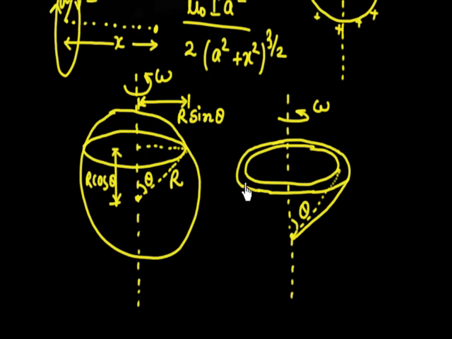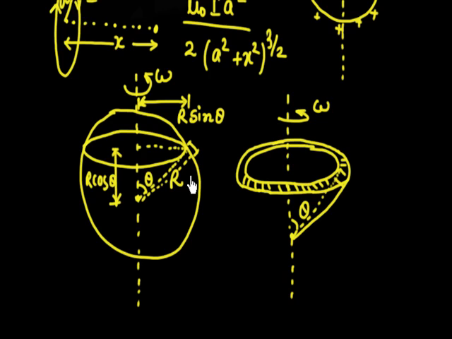So basically you can calculate the area of this ring. What is the area? The thickness is R d theta, if this is capital R and you move with angle d theta, then this becomes the thickness.